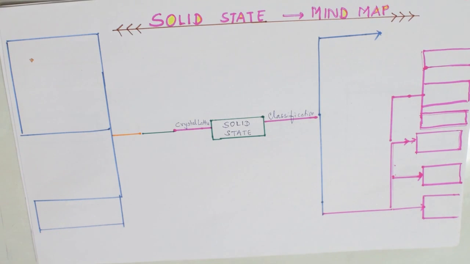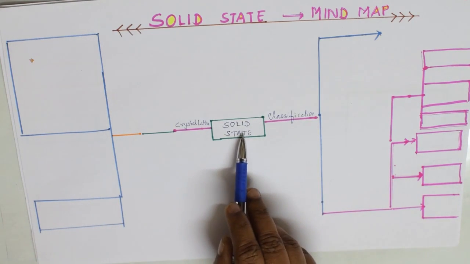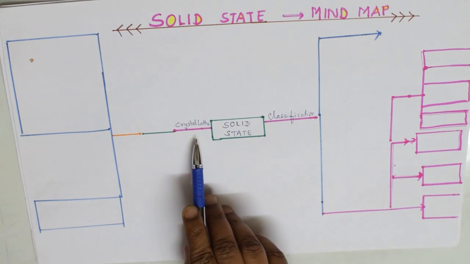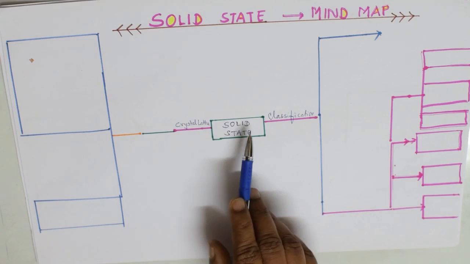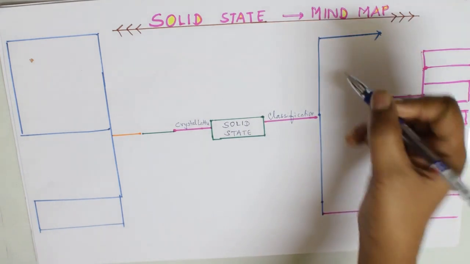So let's start off. Whenever I speak about solid state, first of all, let us see what we have. We have classification, isn't it? So in your first chapter in NCERT, solid state, on one side we have classification, and on the other side we have a topic called crystal lattice. When we speak about the classification of solid state, how many classes is it divided into?